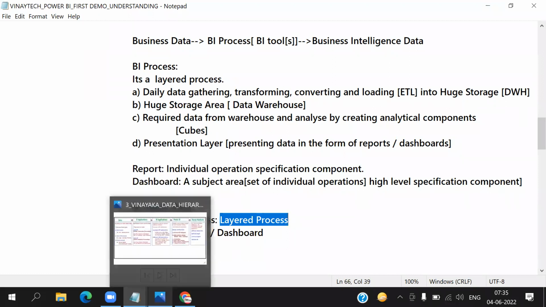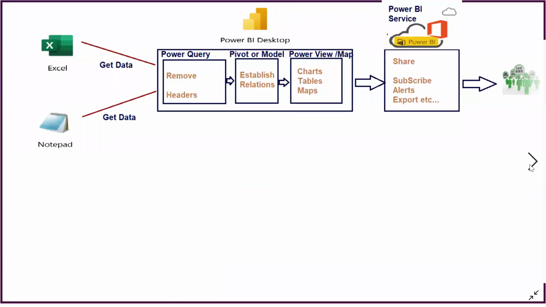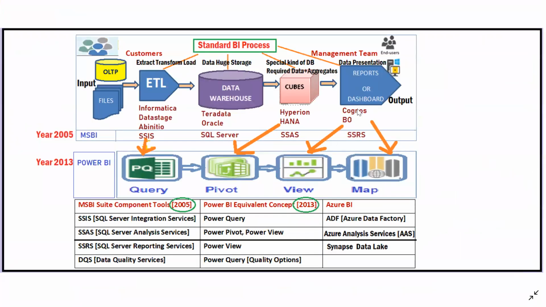Let me show you graphically the same information. General public, transactional data, business data. Assume you booked an IRCTC ticket, the ticket information is available here. But the management team, they don't bother about your data directly, and they see the data in the form of reports and dashboards.